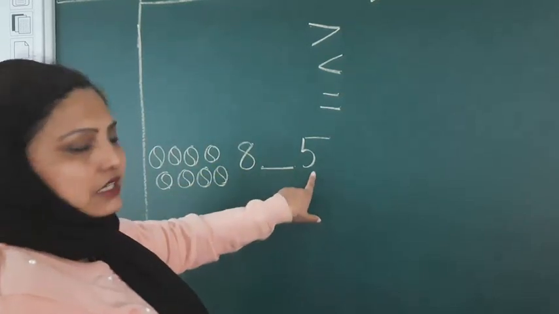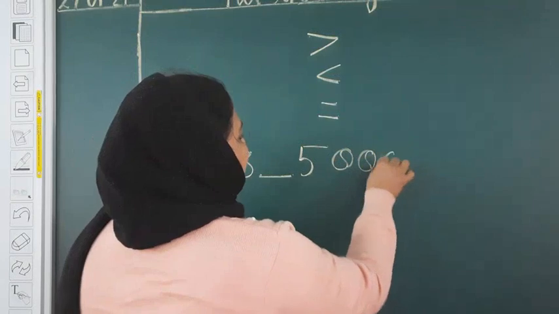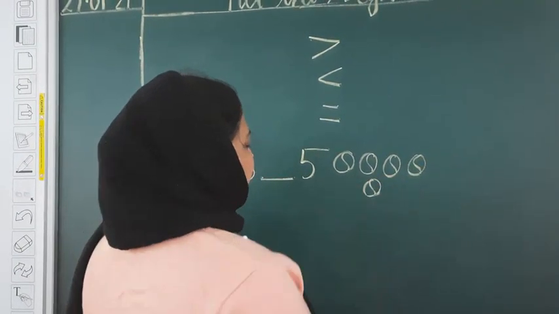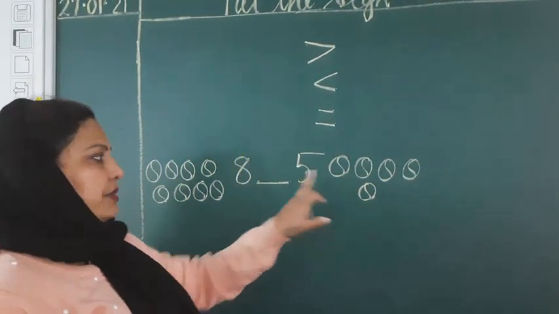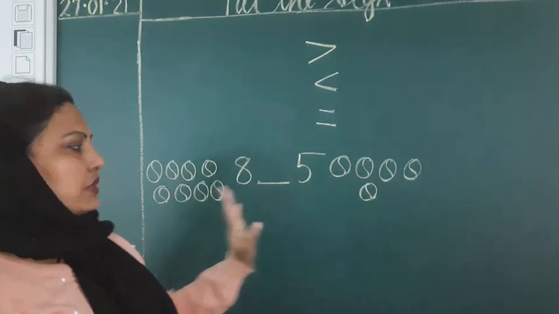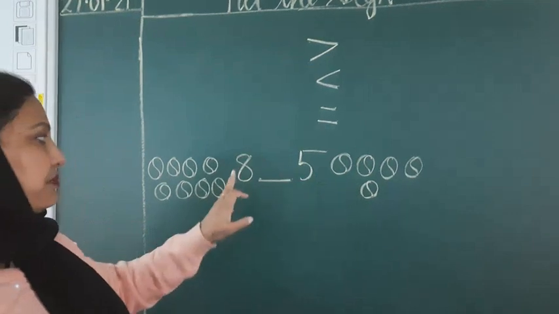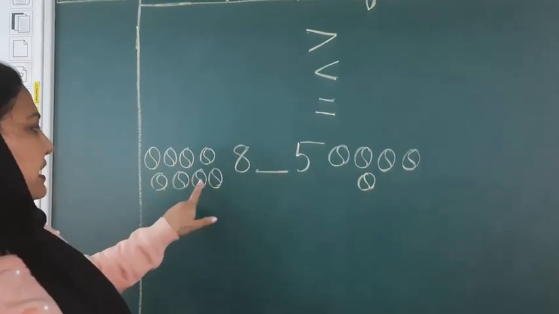Now here which number? 5. So 1, 2, 3, 4 and 5. So how many balls here and how many balls here? How many balls for 8 and how many balls for 5? So you can see which number is big. Now we will count 1, 2, 3, 4, 5, 6, 7, 8.